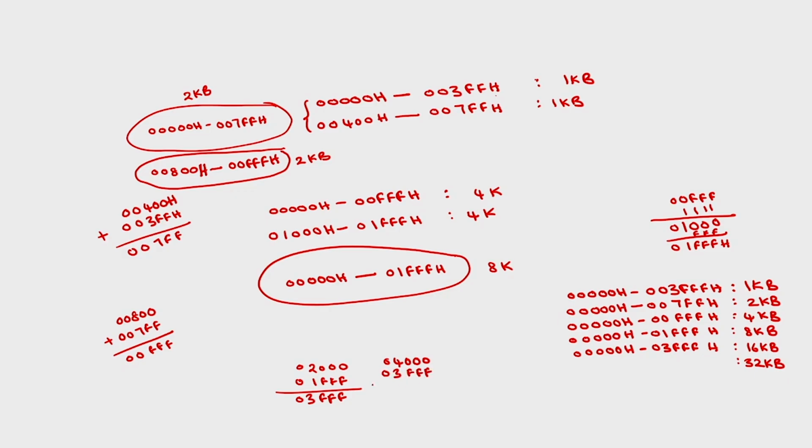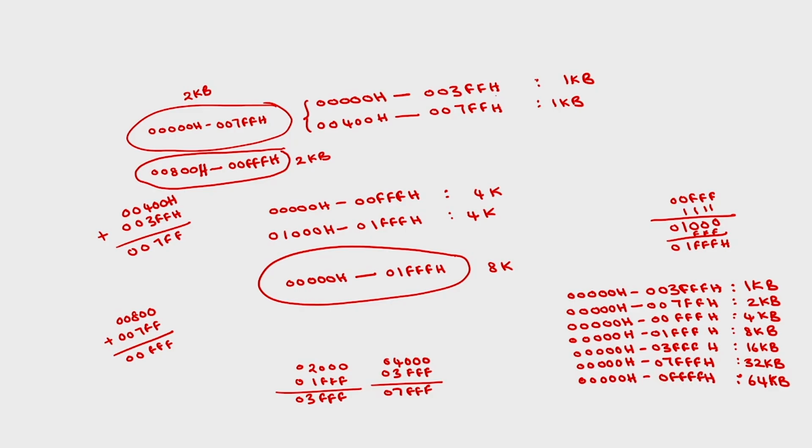This will be 07FFF. So 00000H to 07FFFH, and 64 kilobytes we know is 4 Fs, starting with 00000H to 0FFFFH.